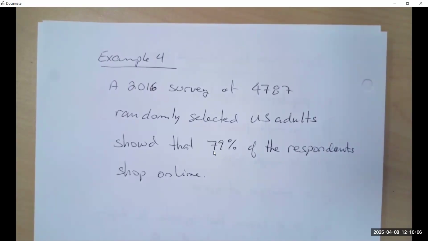So if we want to conduct a new survey to determine whether the percent has changed, how many adults must be surveyed?